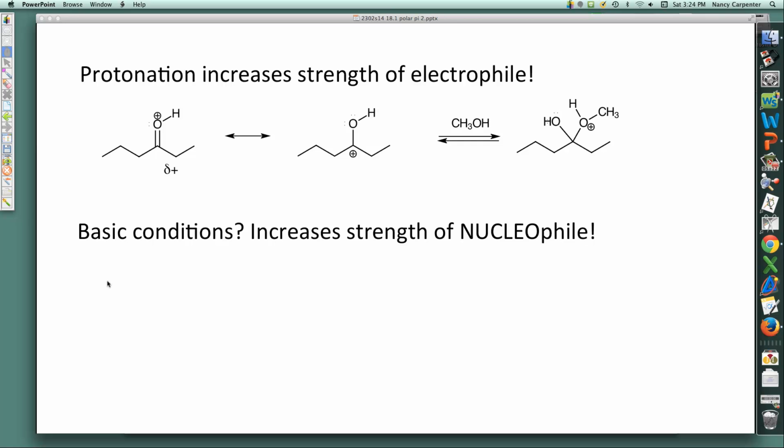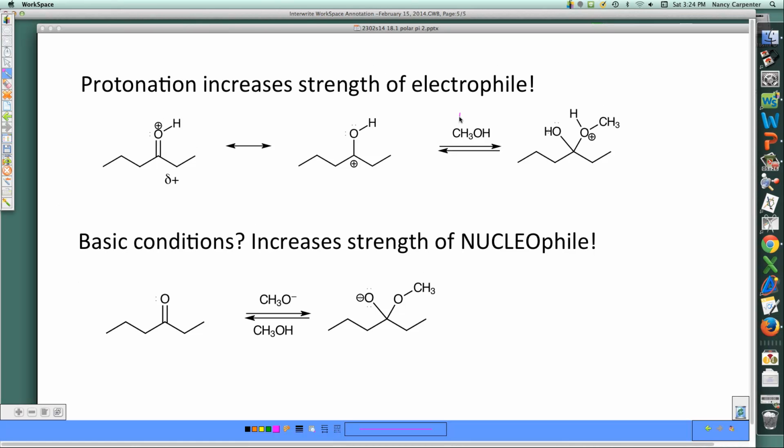Under basic conditions, well, again, the rate of reaction is enhanced. Why? Because in this case, of course, the nucleophile is stronger. So here I've got a weak nucleophile, just a plain old neutral oxygen, but a much stronger electrophile.